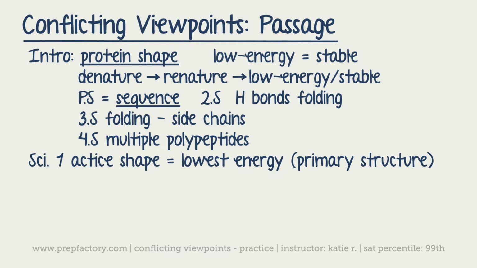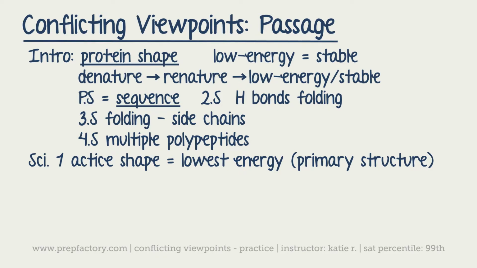So 29, 30, and 32 all seem to be intro kinds of questions. We could try to answer them at this point, but we don't actually know for sure they won't also reference information from Scientist 2.